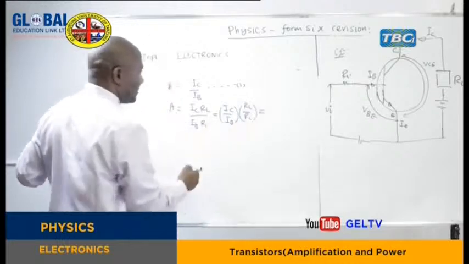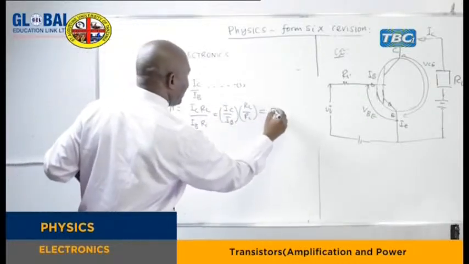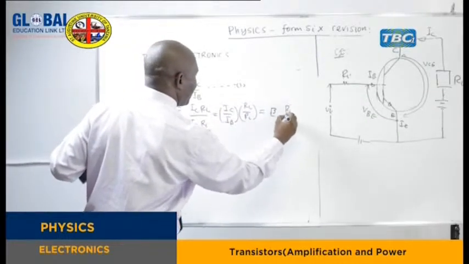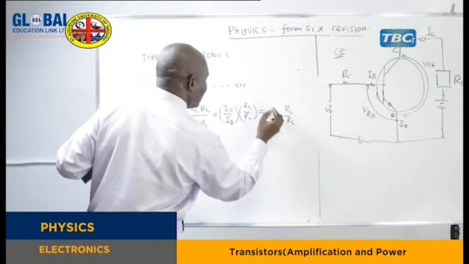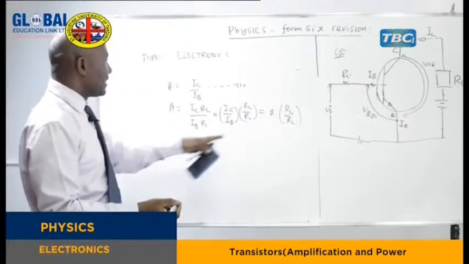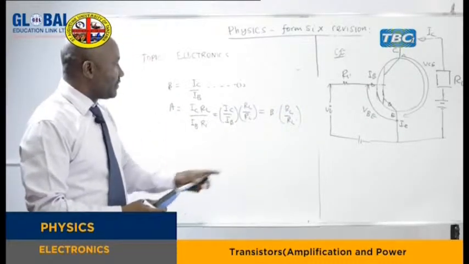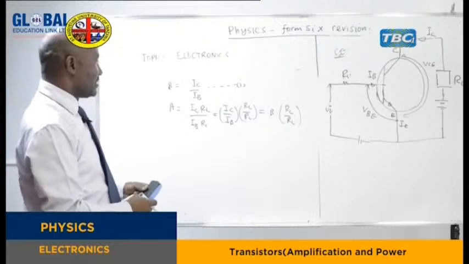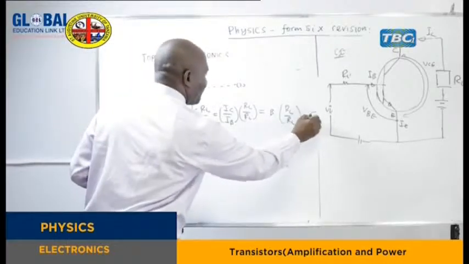This gives us the current gain beta times RL over RI. So the voltage gain is given by the current gain times the ratio of the load resistance to the input resistance. Take this as number 2.